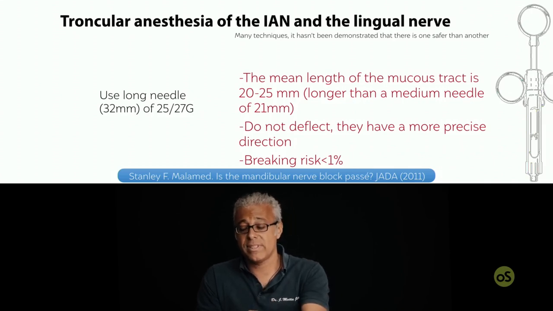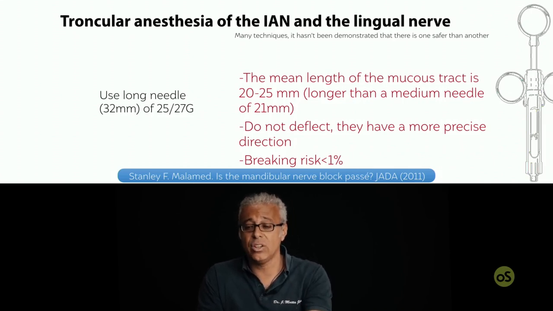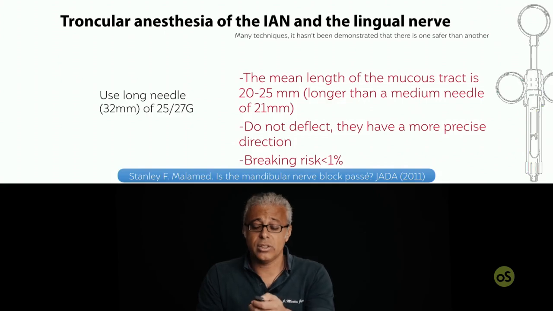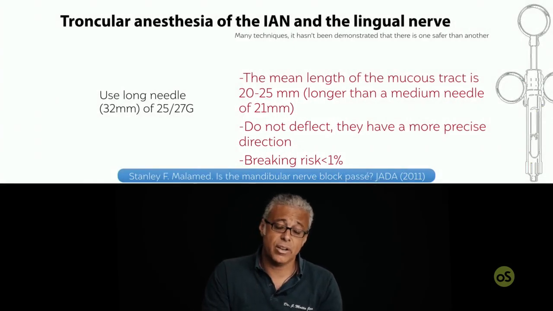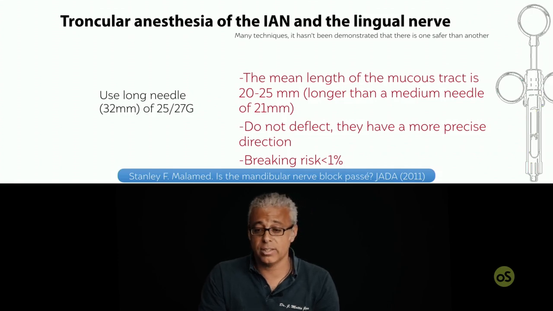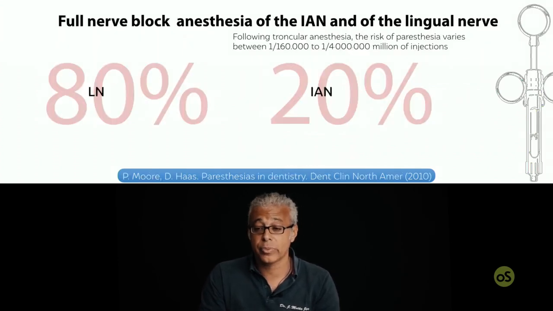These are some specifications of what kind of needle is best to use. This is also to reduce the breaking risk of the needle, which is very infrequent but may occur.